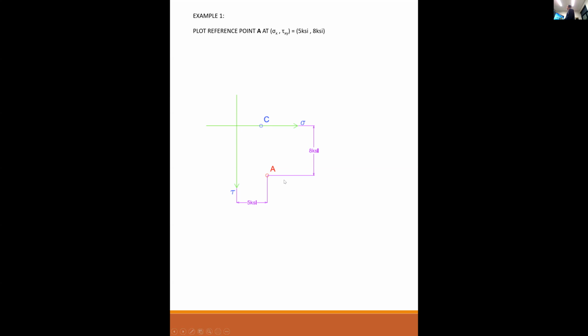So 5 over, 8 down, and you mark your point A. Then you draw your reference line from C to A, and that reference line represents an angle theta equal to 0 degrees.